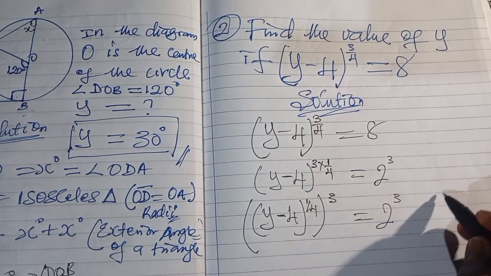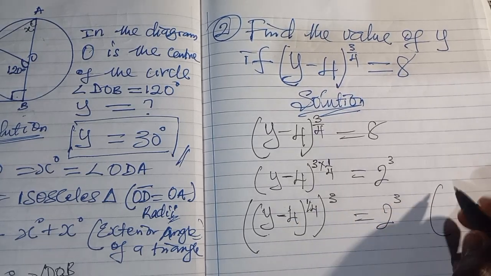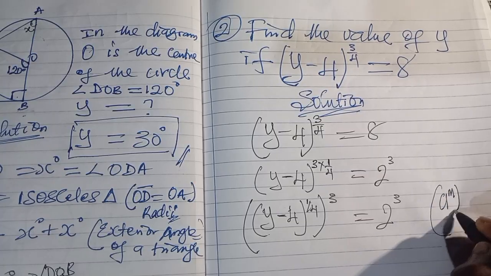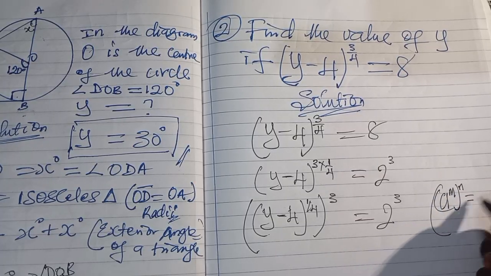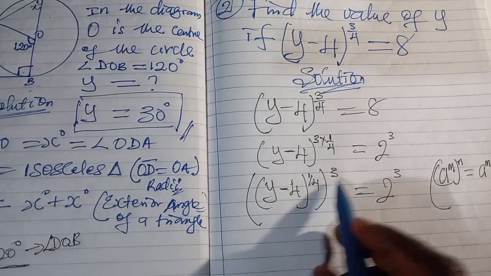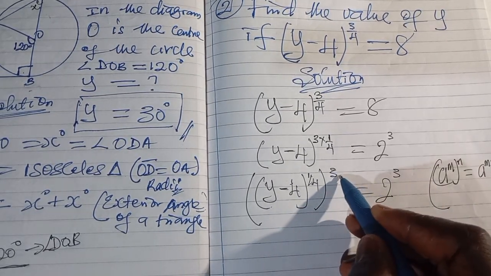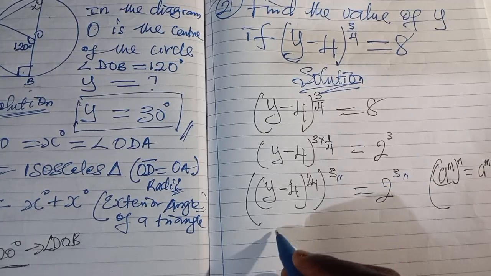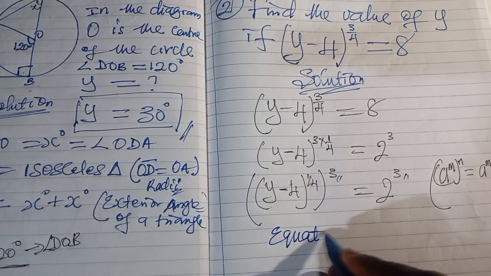This rule here, when you recall that a raised to power m, raised to power n, is the same as a raised to power mn. Okay, so you can now observe that they have the same power. You can equate the base.